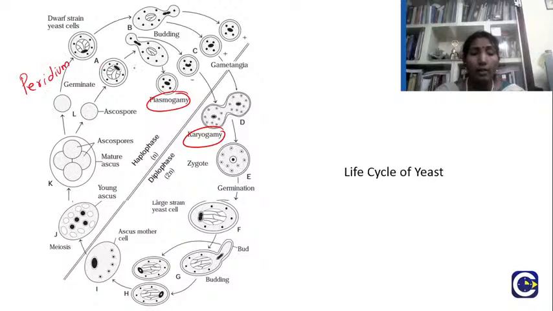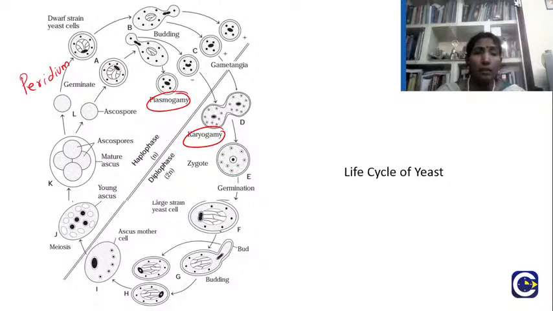These ascospores become more cup-like and undergo asexual reproduction. They are all haploid, so they will produce various gametangia. The gametangia undergo karyogamy, they fuse and form the zygote, which is diploid.